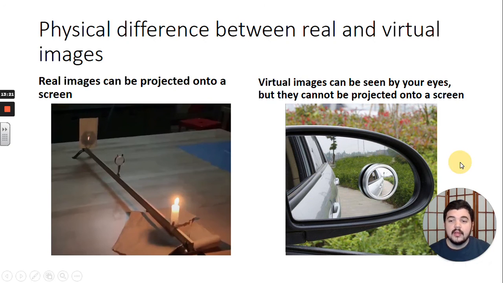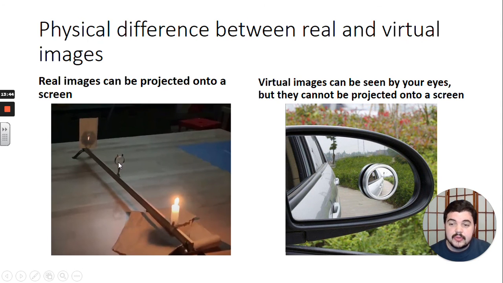So let's talk about the physical difference between real and virtual images. I think I said we were done. We're not quite done yet. A real image can be projected onto a screen. And so this is a lens, not a mirror, but you can do the same thing with mirrors. We have a lens here and we have a candle. And the light rays from this candle spread out in all directions.